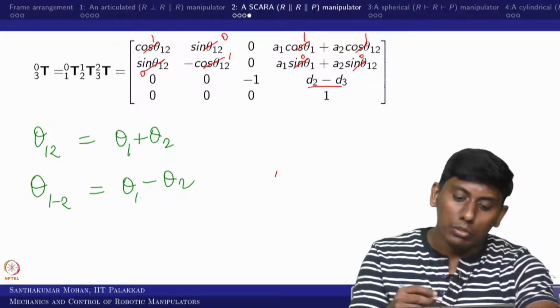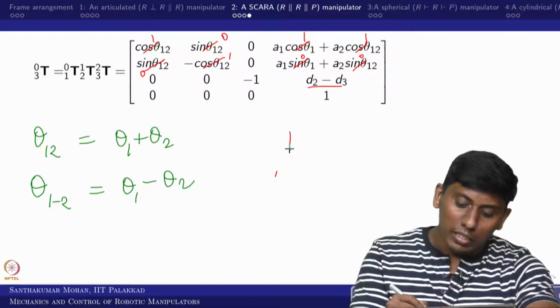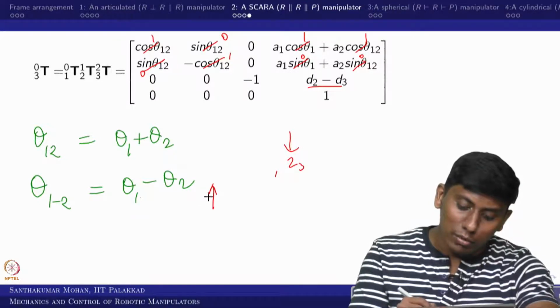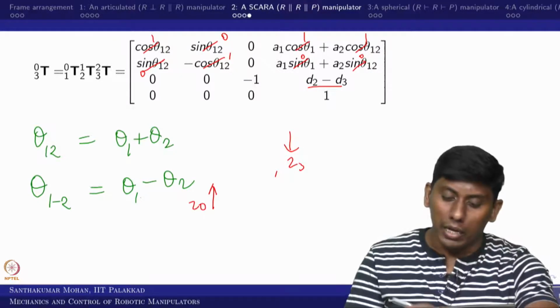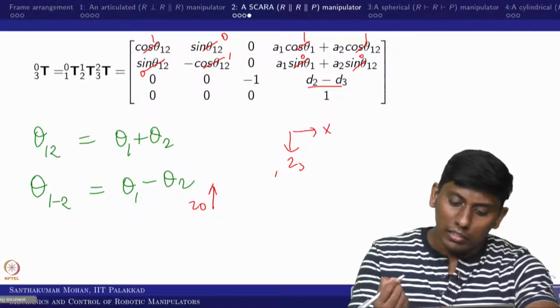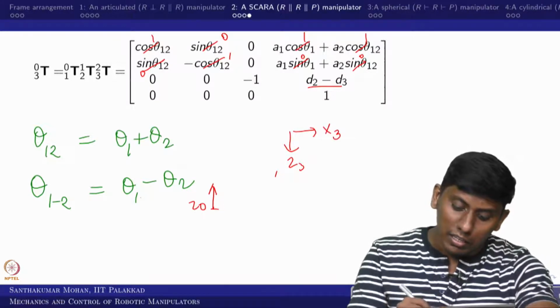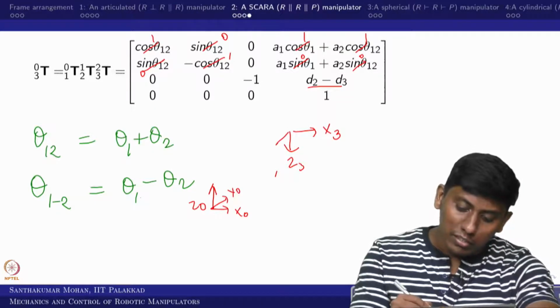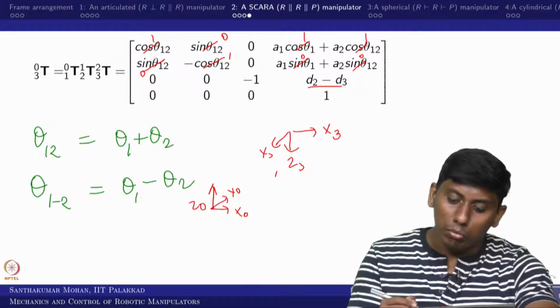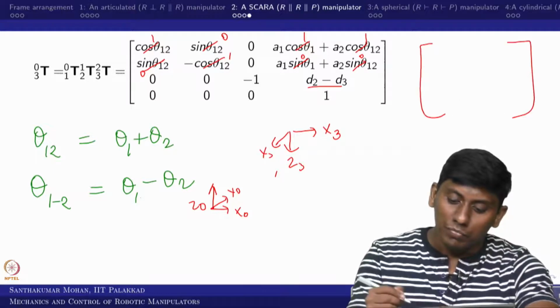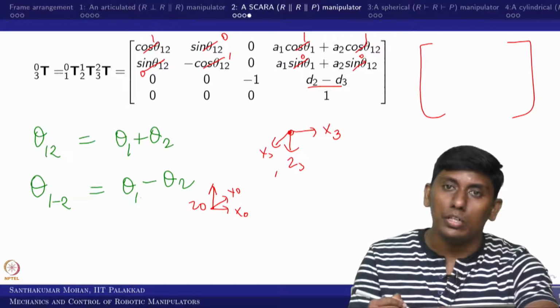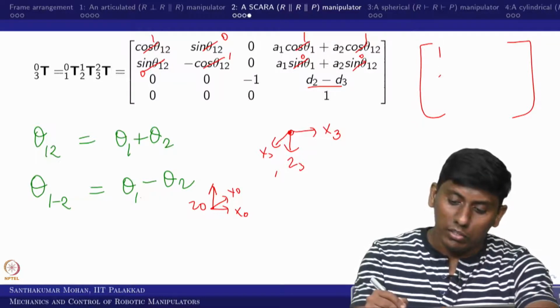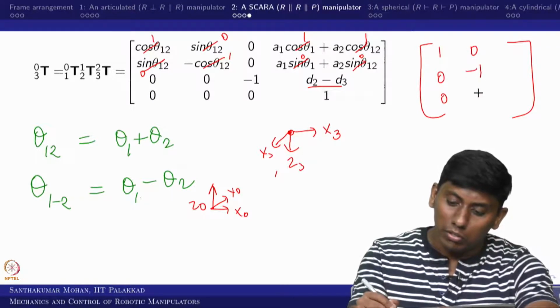Further, what you need to do is check. What one can see is Z3 is coming and Z0 is in the upward direction. Further, this is x3 and this is x0. As per the right hand rule, this is your y0 and this is y3. So the rotation matrix of 3 with respect to 0, by projecting x0 like this, y3 projection on 0 is 0 minus 1 0, and z3 projection is 0 0 minus 1.